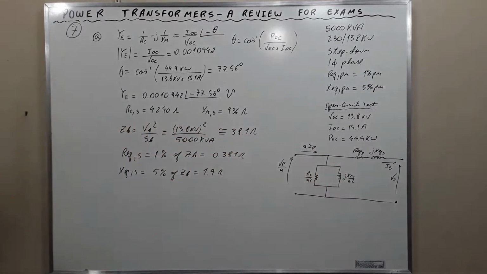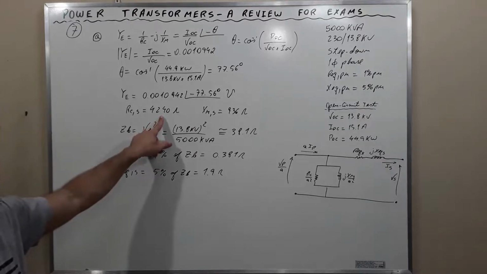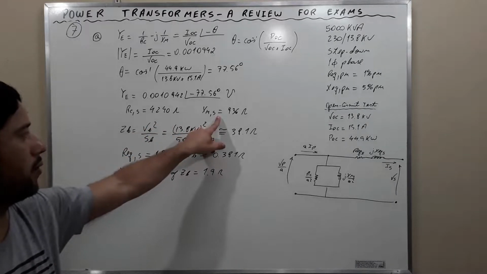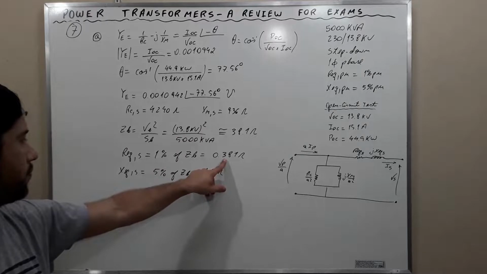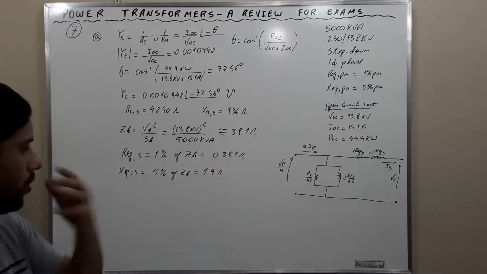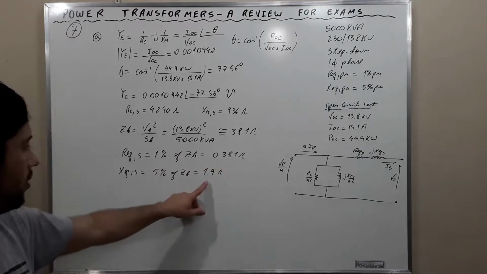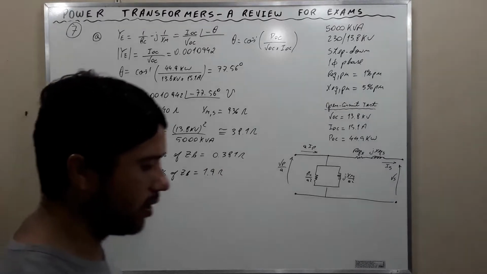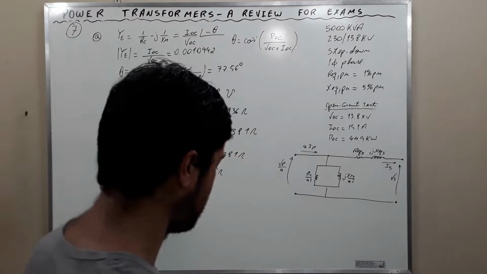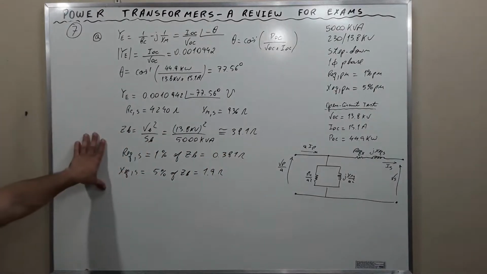Alright, this is the model, and these are the values: RC referred to the secondary side, XM referred to the secondary side, the series equivalent resistance, and the series equivalent reactance, okay? Alright, this is all for letter A. Let's go to letter B.